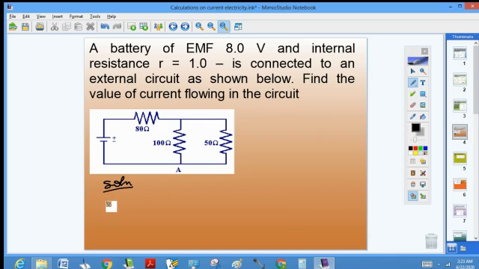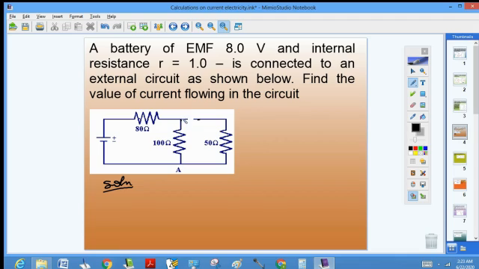We start with resolving the resistance in parallel. You can see current flows through from here, getting to this end. When it gets to this junction, it splits into two branches.